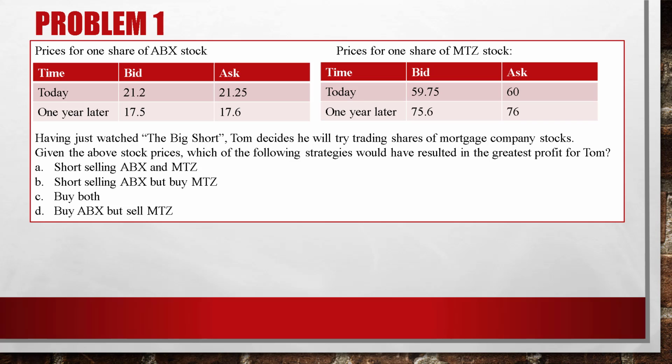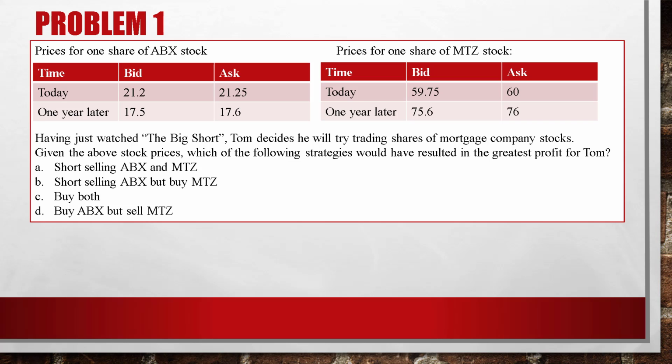That means if you want to sell one share of ABX stock today, you will get $21.2. But if you want to buy one share of ABX stock today, then you have to pay $21.25 for one share of stock ABX. And you read the other information similarly.